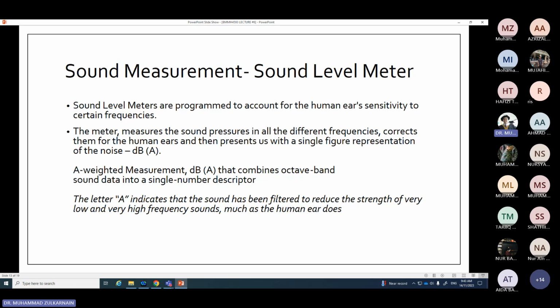The letter A indicates that the sound has been filtered to reduce the strength of very low and very high frequency sound, much as the human ear does. So that means the dBA is already set by human comfort.